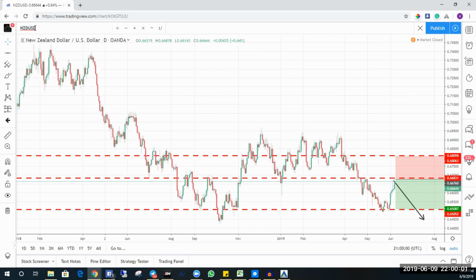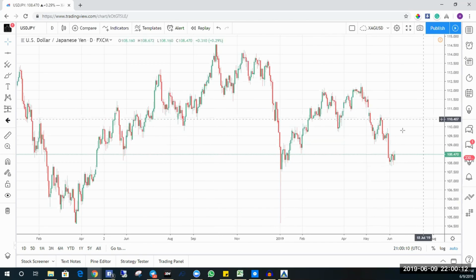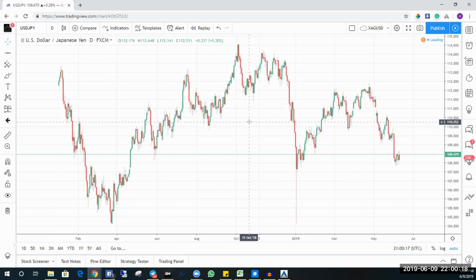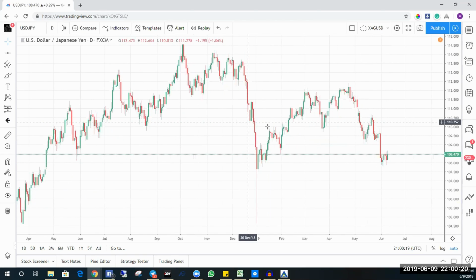The Japanese yen is definitely something we would like to go long on. USD/JPY. This is definitely a good short opportunity. Oh, the market is open. All right, so let me hurry up. USD/JPY, definitely looking at going short there. Definitely looking at this accumulation.